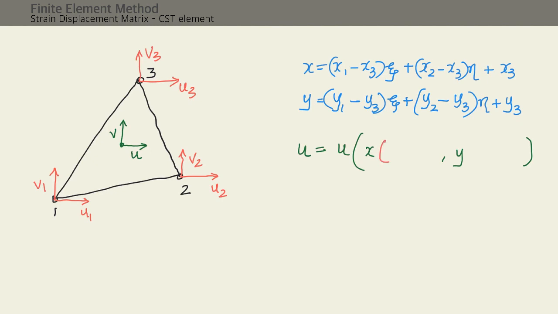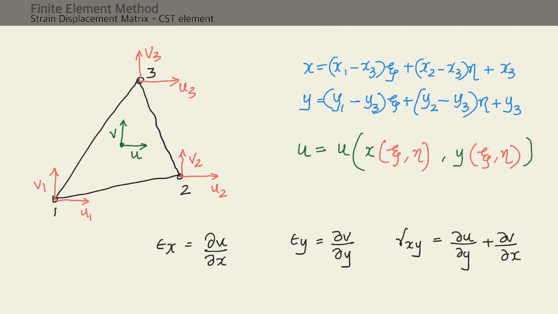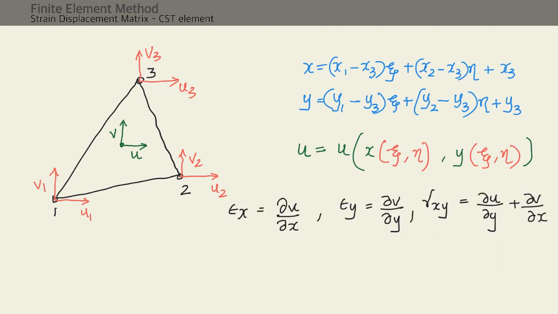So x is a function of psi and eta, and y is also a function of psi and eta. So u is a function of x and y, and x is a function of psi and eta. Our job is now to find the expressions for these derivatives, dou u by dou x, dou v by dou y, and this derivative. For that, we will first write the expression for dou u by dou psi.